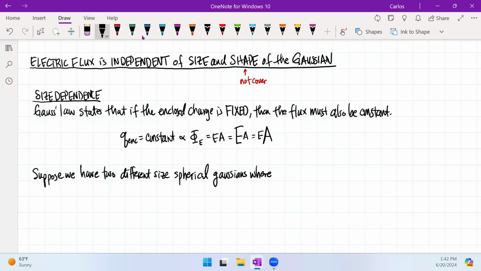Where one of the spheres has twice the radius of the other.